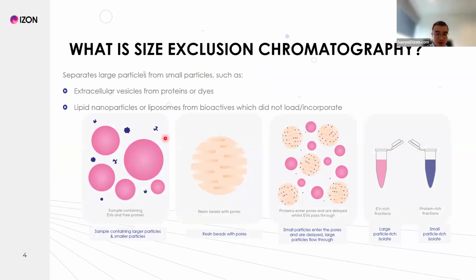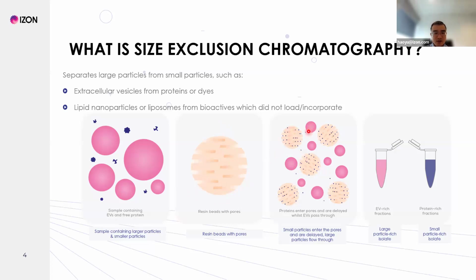How it works: as you see here, the size exclusion resins have a lot of holes in them. When the sample passes through the resins, the small molecules will be trapped in those resins, which means they elute very late.